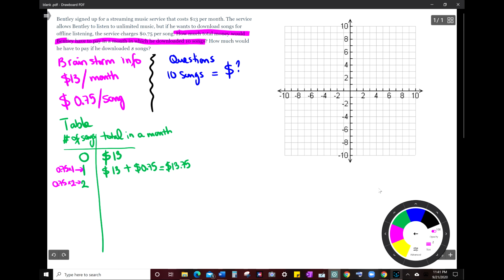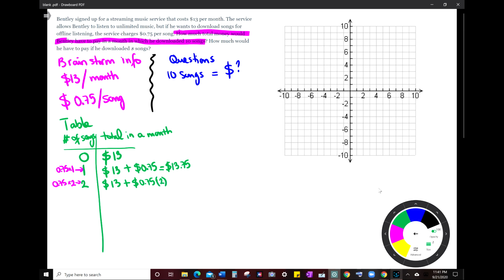Okay, so that means the total will be 13 plus the cost of 75 times 2.